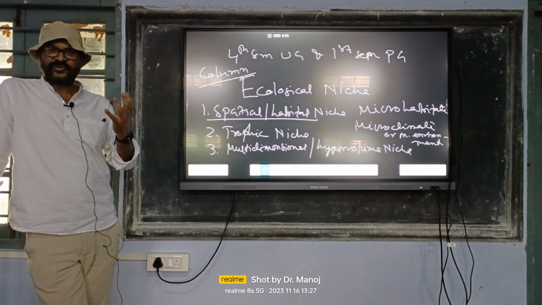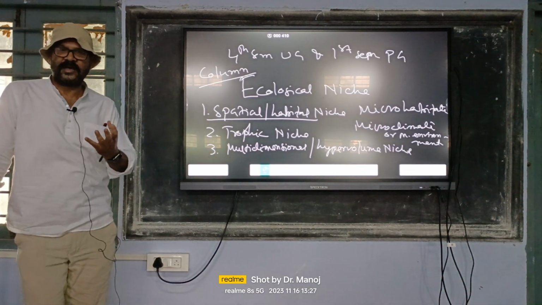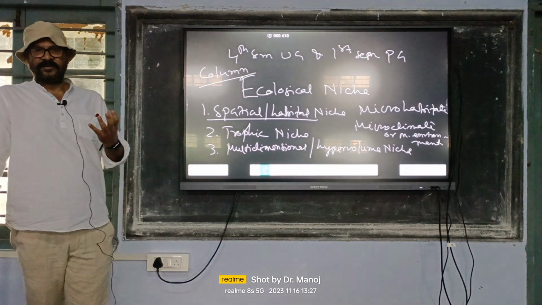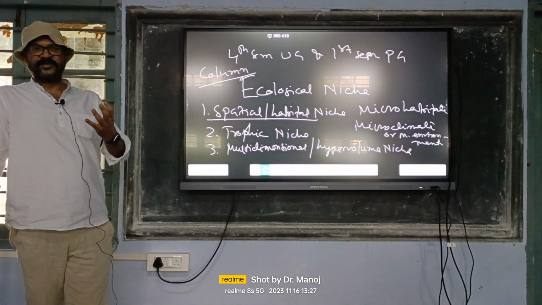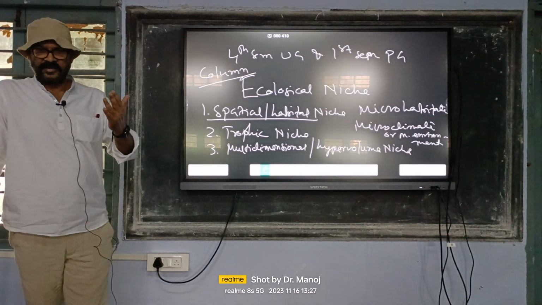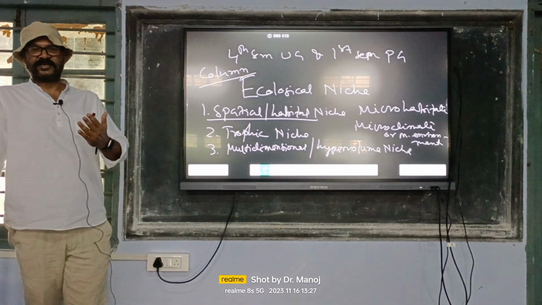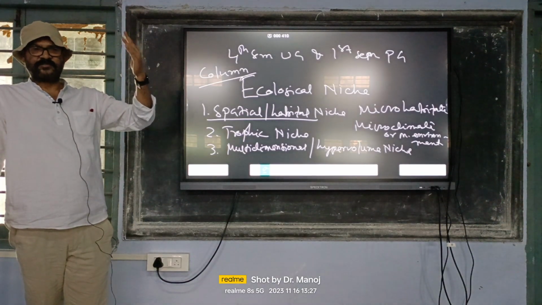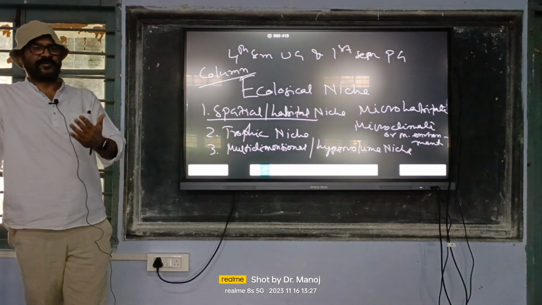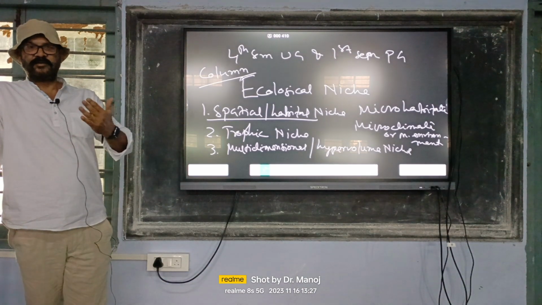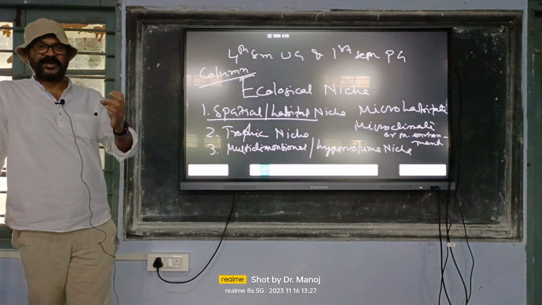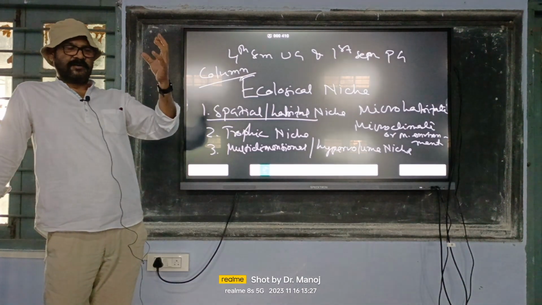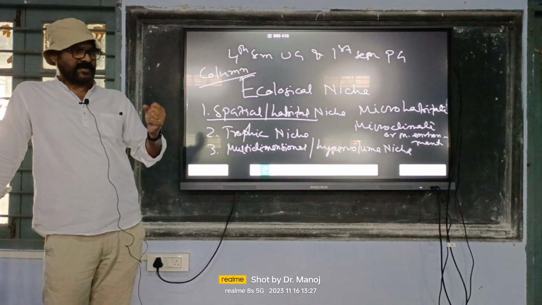A tree, for example, can be a habitat for different types of birds. But in the tree, the birds live in different positions. Some are at the top of the tree, some live at the middle part, some at the lower part of the tree. So they actually occupy a small region of a particular general habitat.